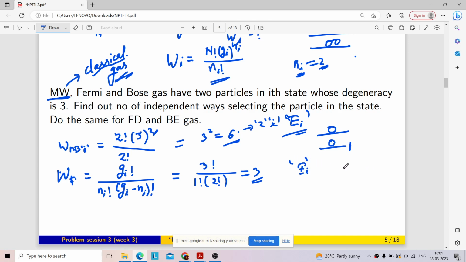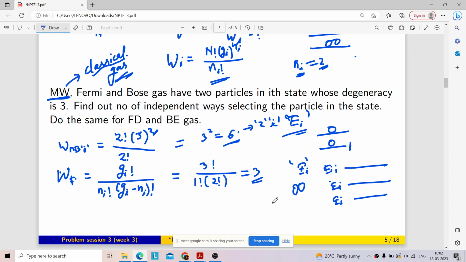Let's quickly check this. There are three degenerate states with the same energy Ei, and I have two particles. So what are the ways I can arrange them?